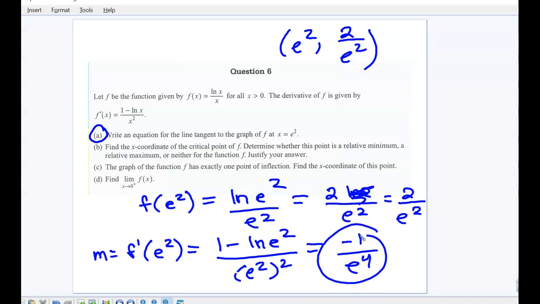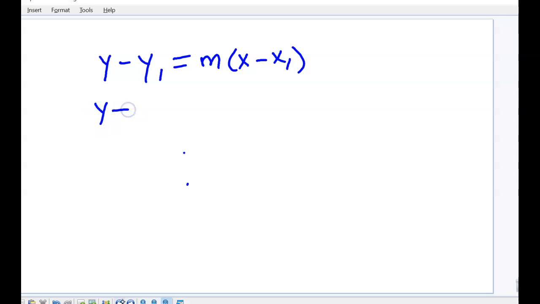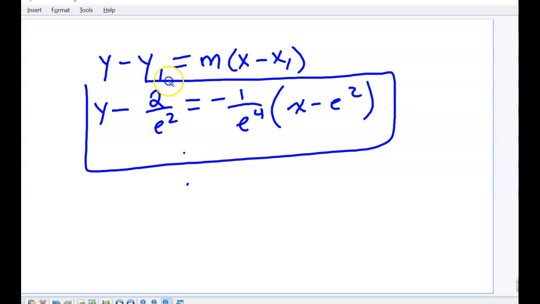So there's my slope, there's my point, and now I go to my point slope formula to find the equation of the tangent line. So it's going to be y minus 2 over e squared is equal to the slope, which is negative 1 over e to the 4th, times x minus e squared. And because it's a free response question, we can stop right there. We don't need to convert this to any particular form.